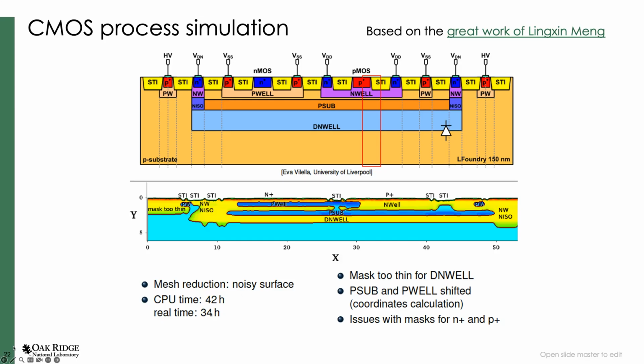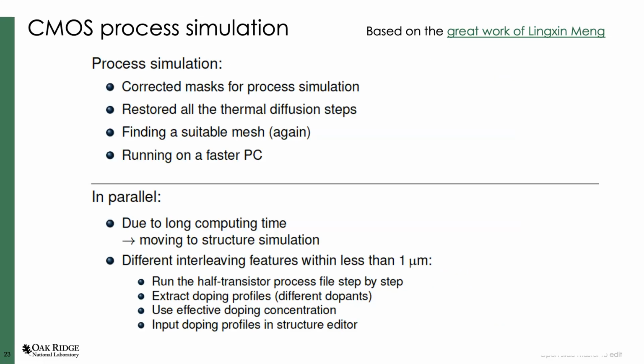And at the end, the most terrible is we, through mesh reduction, just to try to make it run, we ended up with kind of a noisy surface because the mesh elements were too small, too big. And then, that's a lot of CPU power just to generate that one pixel detector structure here.